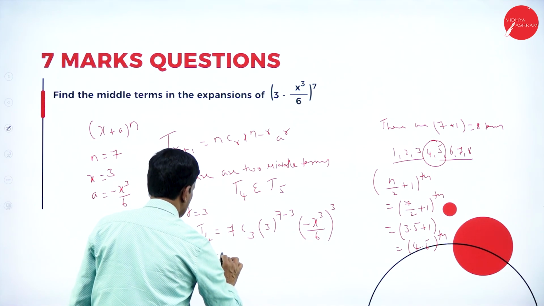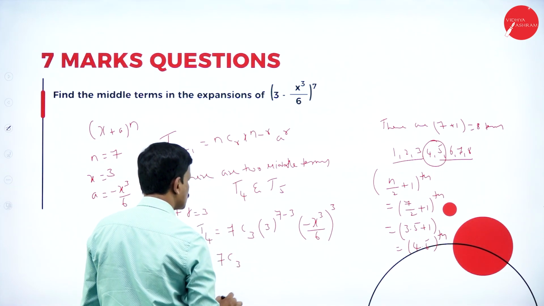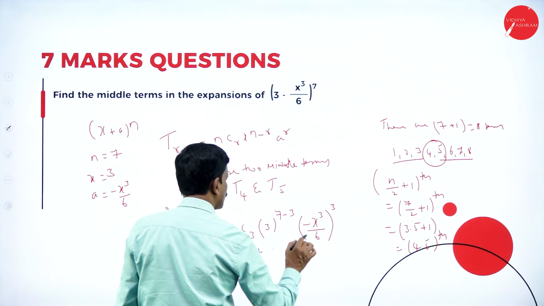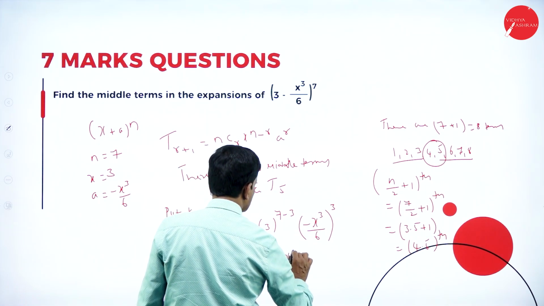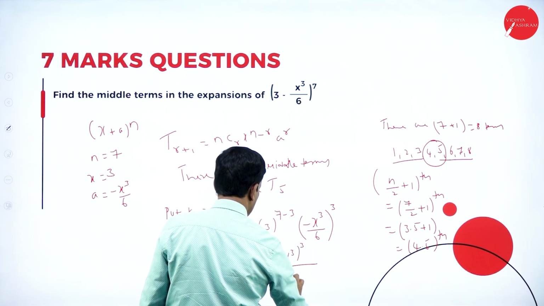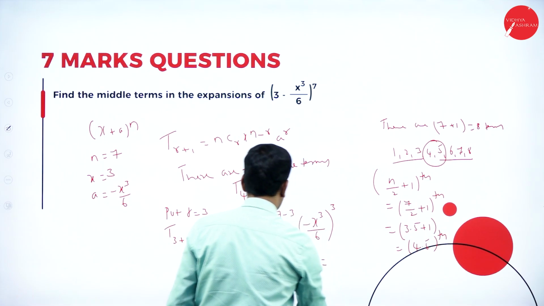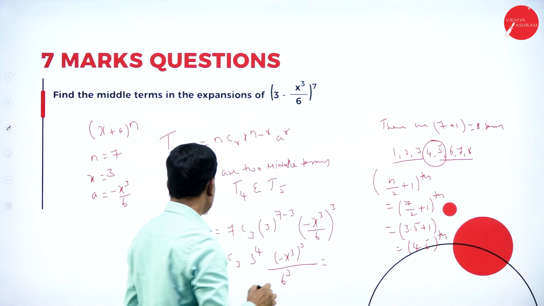So this is nothing but 7C3 into 3 to the power of 7 minus 3, which is 4, into minus x cube whole cube, divided by 6 cube. If you multiply minus 3 times, you will get minus.